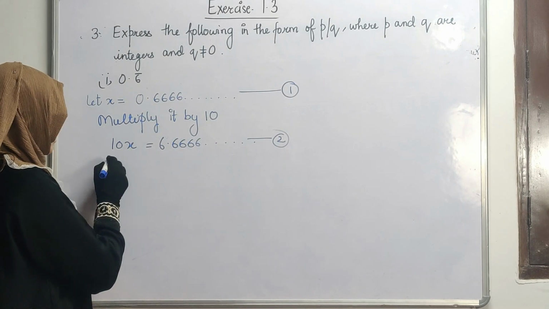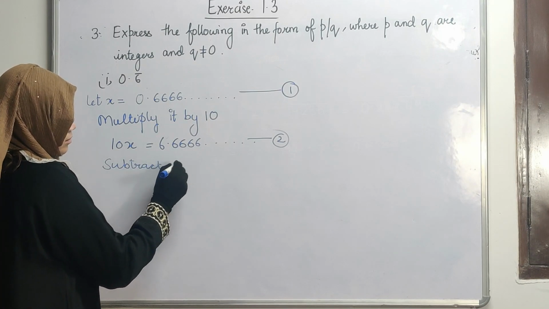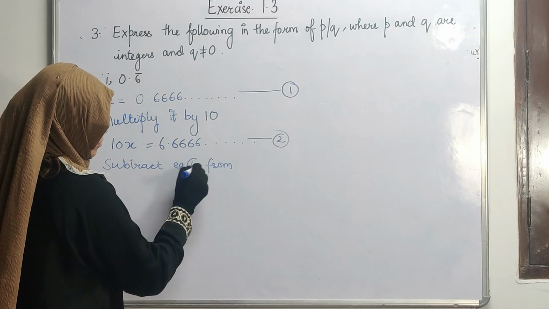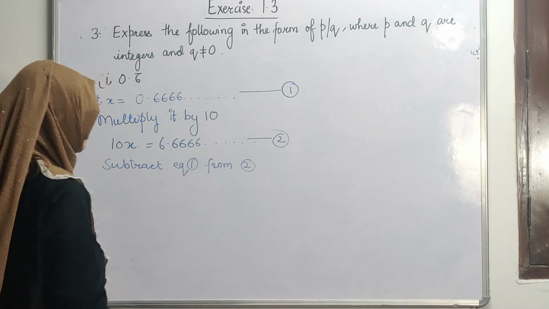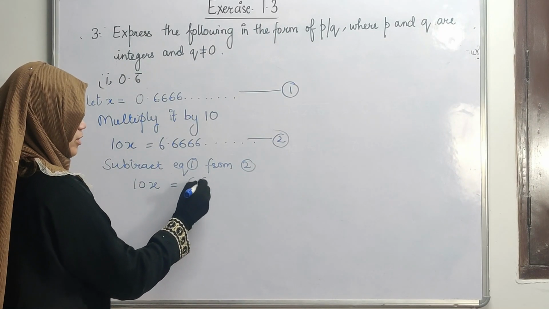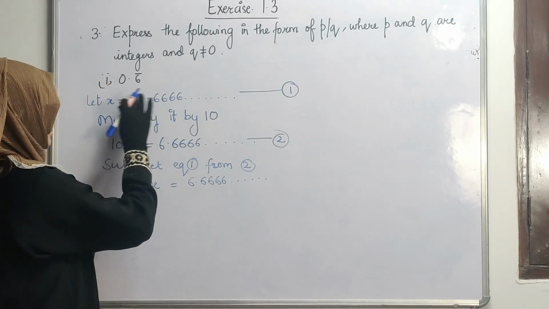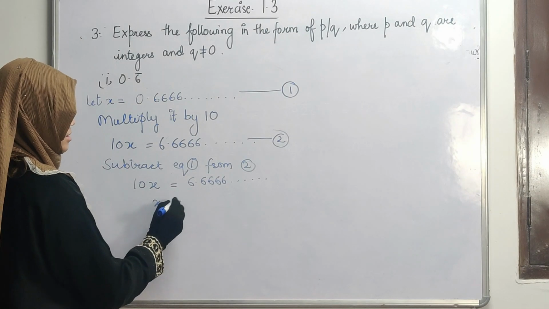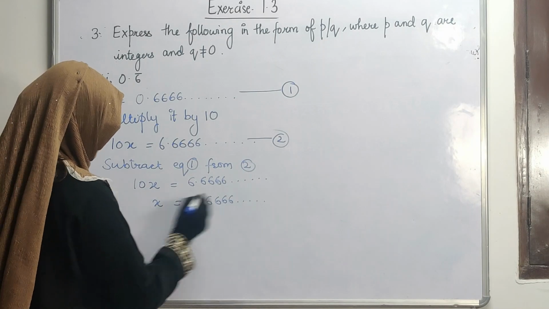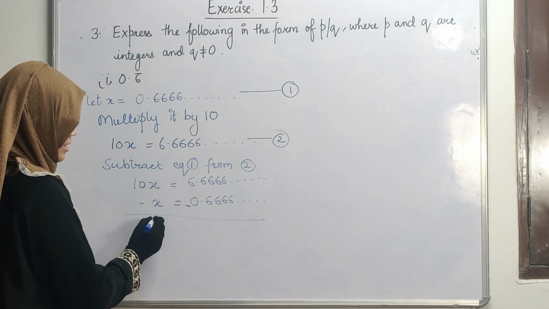Now our third step is to subtract equation 1 from equation 2. 10x equals 6.6666 and so on. And what is equation 1? x equals 0.6666 and so on. Subtract: 10 minus 1 is 9x.